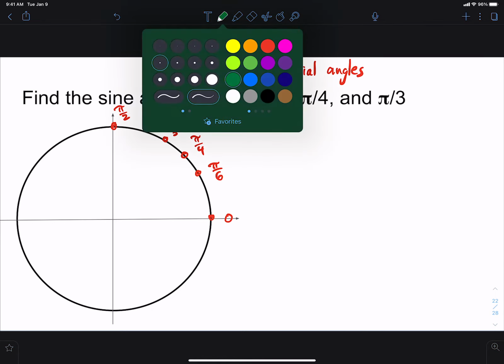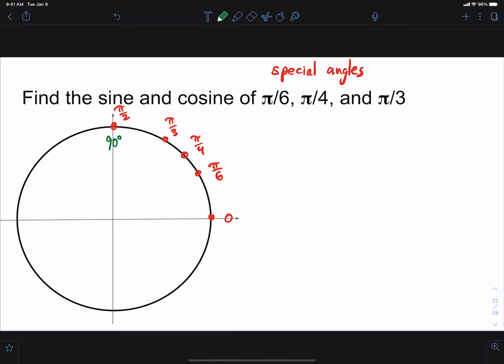And in terms of degrees, that's 90 degrees, 60 degrees, 45 degrees, 30 degrees, and 0 degrees. And those are 5 special angles. If you know those, then you know all of the special angles all around the circle.